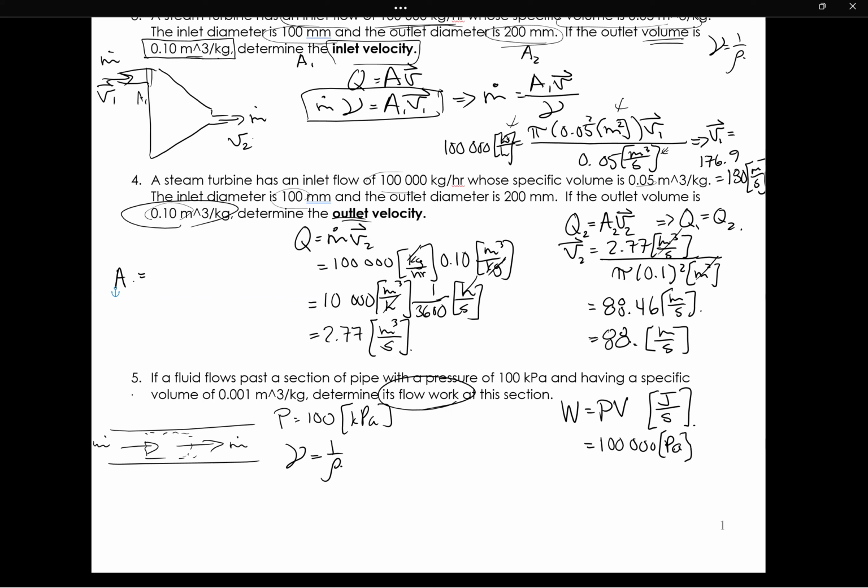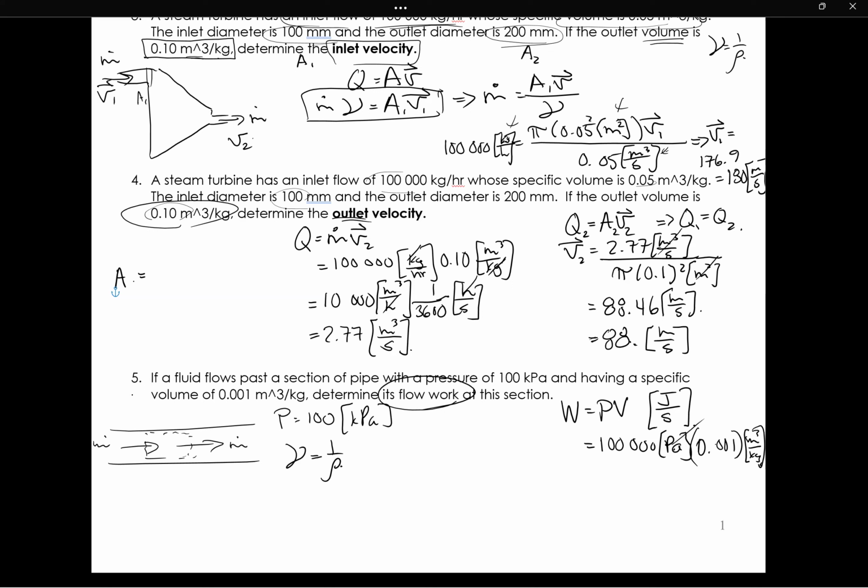And I think I'm given the pascals, and I am given the volumetric flow rate of 0.001 meters cubed per kilogram.